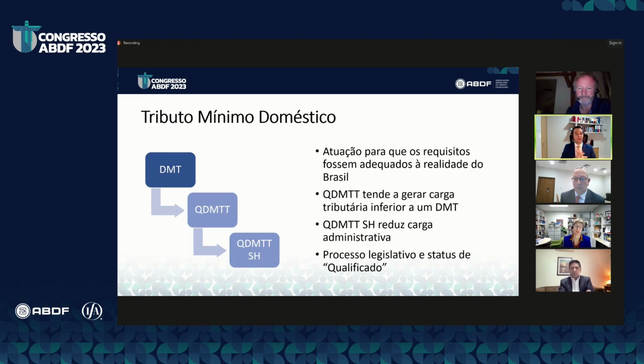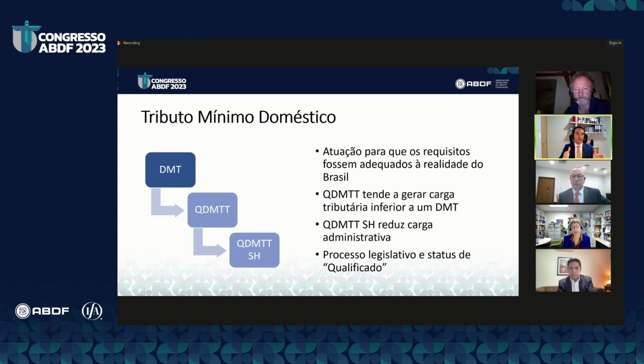Então, nós atuamos para que tanto o guidance do QDMTT quanto do QDMTT Safe Harbor estivessem desenhados de forma que a realidade brasileira pudesse se encaixar nesses dois documentos.